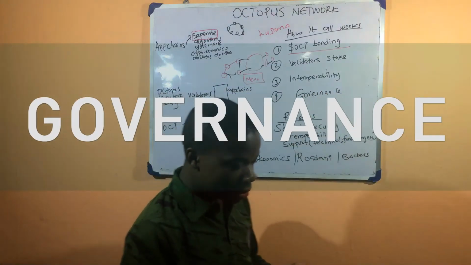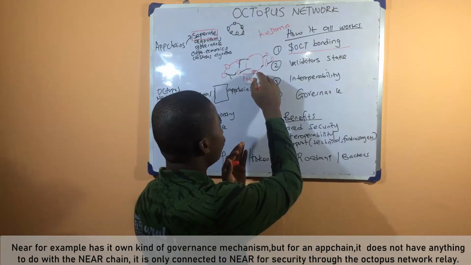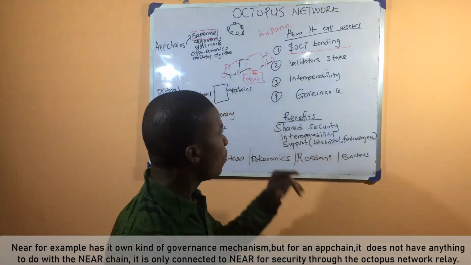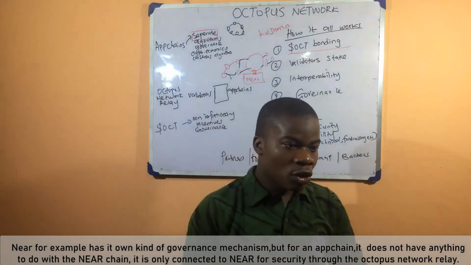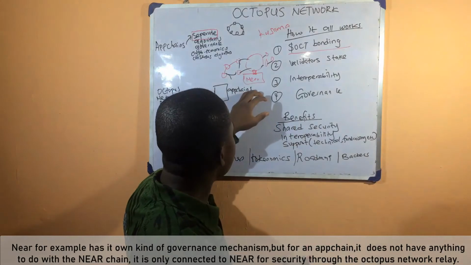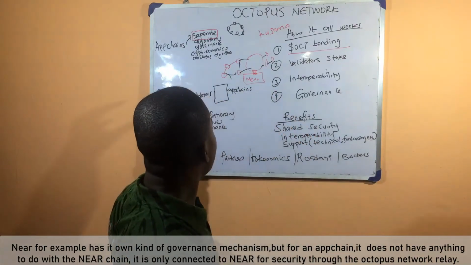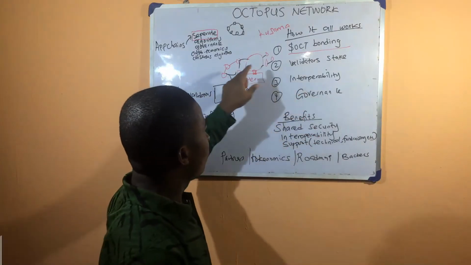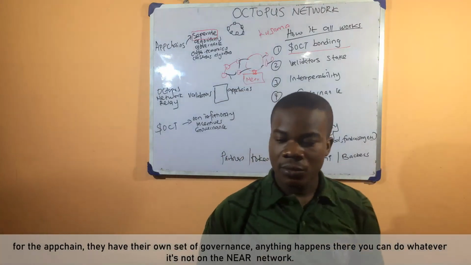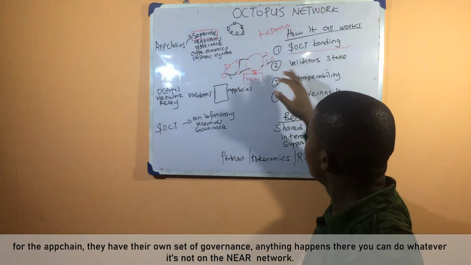And then for governance, NEAR, for example, has its own governance structure and mechanism. But an Appchain does not have anything to do with that organization. What they just have to do is this network relay. The Appchain has its own set of governance, and anything that happens there, you can do whatever, it's not on the network.